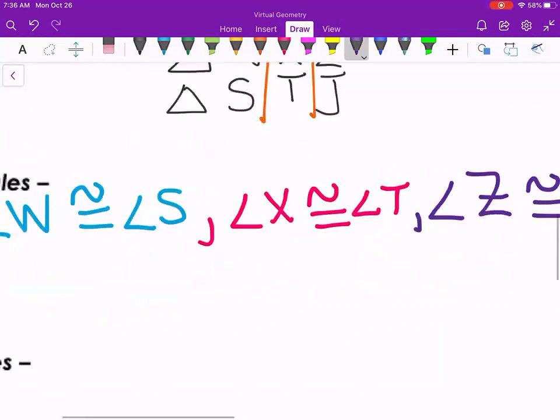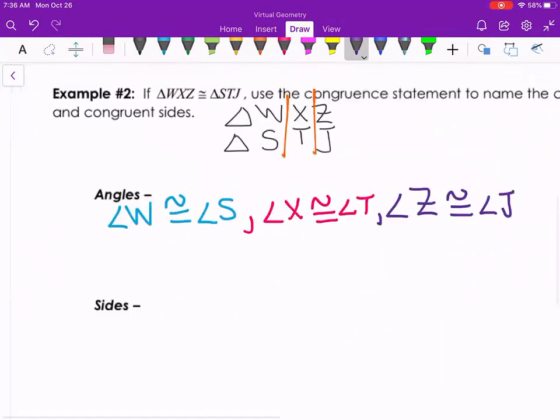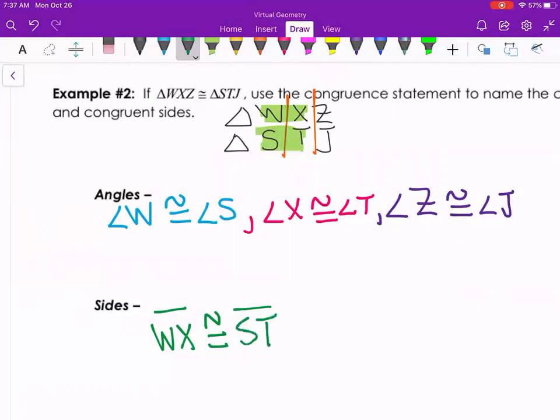All right, now we're going to use that exact same thing and do the sides. All right, so for our sides, first two letters, W and X. So segment WX is congruent to, and then I use the first two letters of the next one, of the one right underneath it, ST. And then we can do the same thing for our next set of segments.